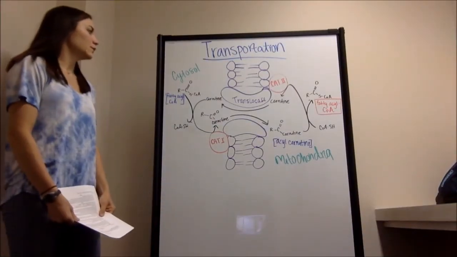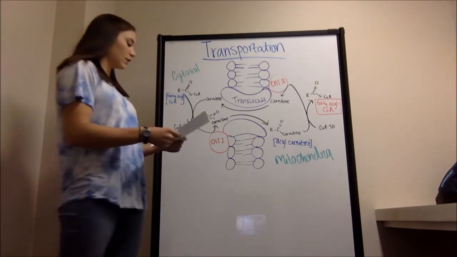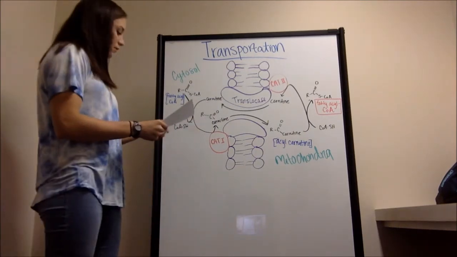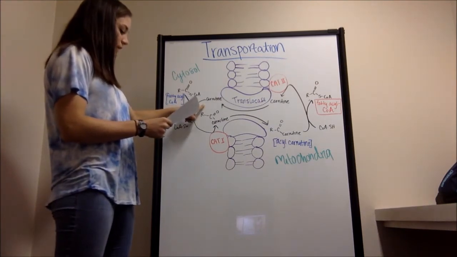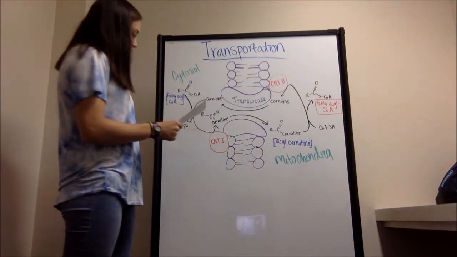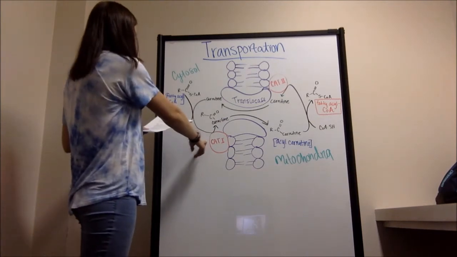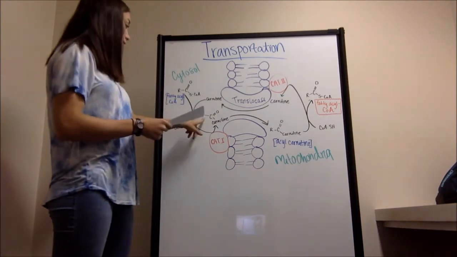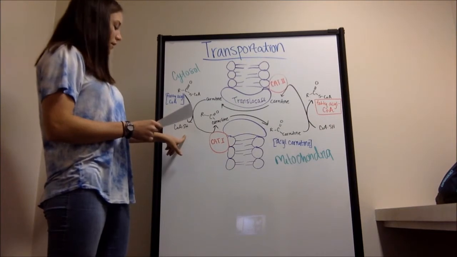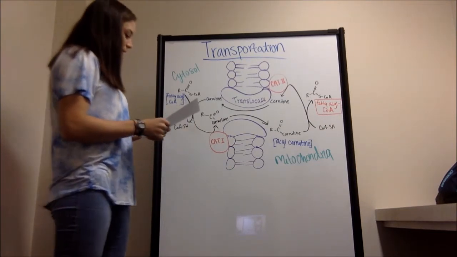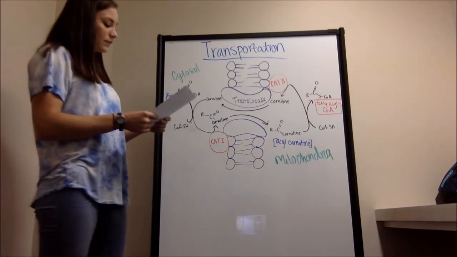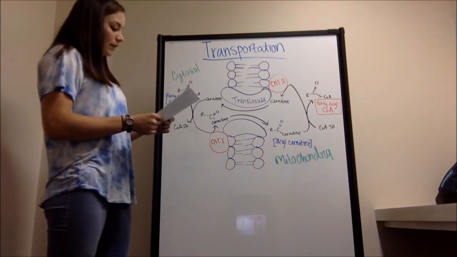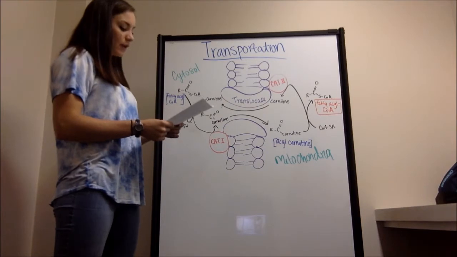Now we're going to move on to the transportation step, which is where we move the molecule from the cytosol into the mitochondria. The fatty acyl-CoA is going to react with carnitine and the enzyme carnitine acyltransferase Cat1 here to produce acylcarnitine, also releasing coenzyme A. Cat1 is regulated by malonyl-CoA, which inhibits fatty acid from reacting with Cat1, thereby preventing them from entering the mitochondria.